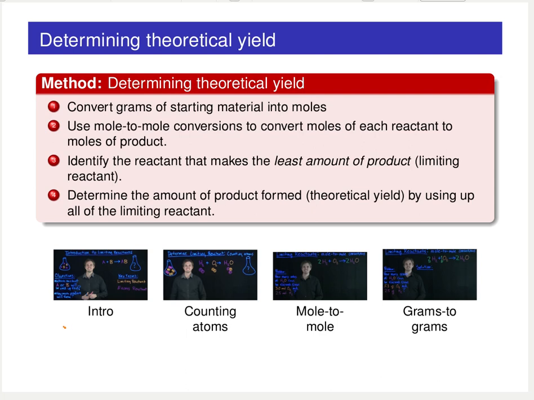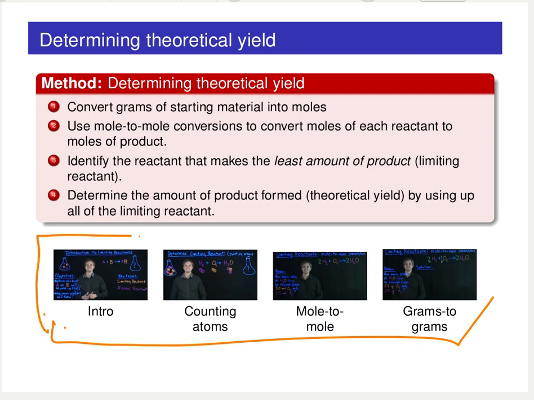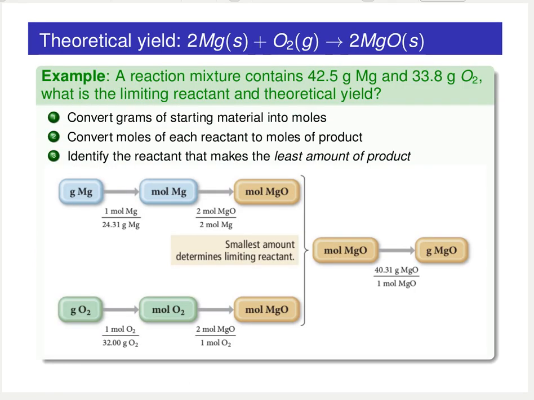It builds up this concept starting way back at the beginning of counting individual atoms. Anybody who's having a hard time understanding theoretical yield, I encourage you to watch these videos, and it'll make sense of some of the more challenging problems that we're working through here. That said, let's jump into our first example.